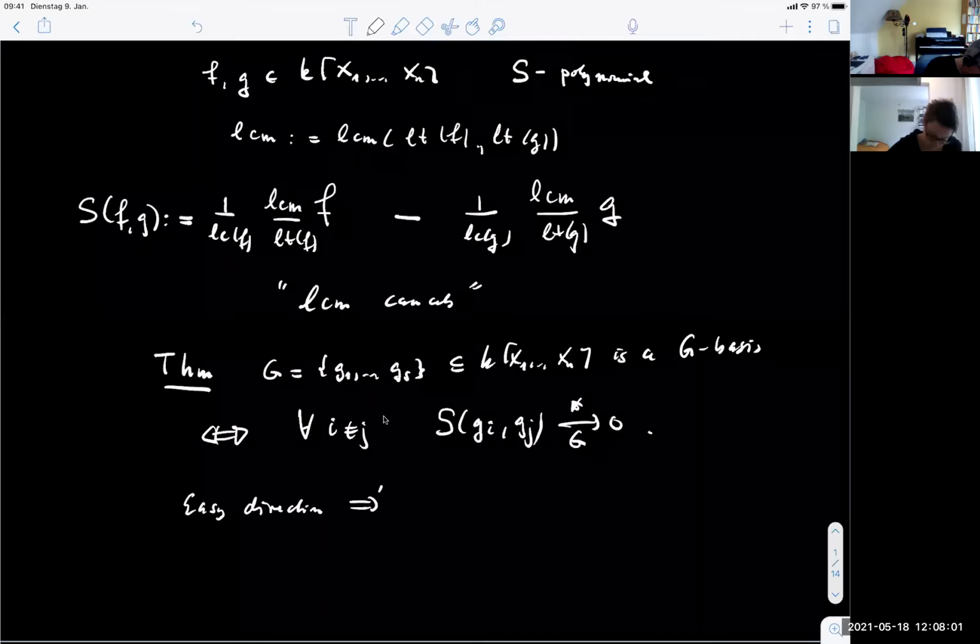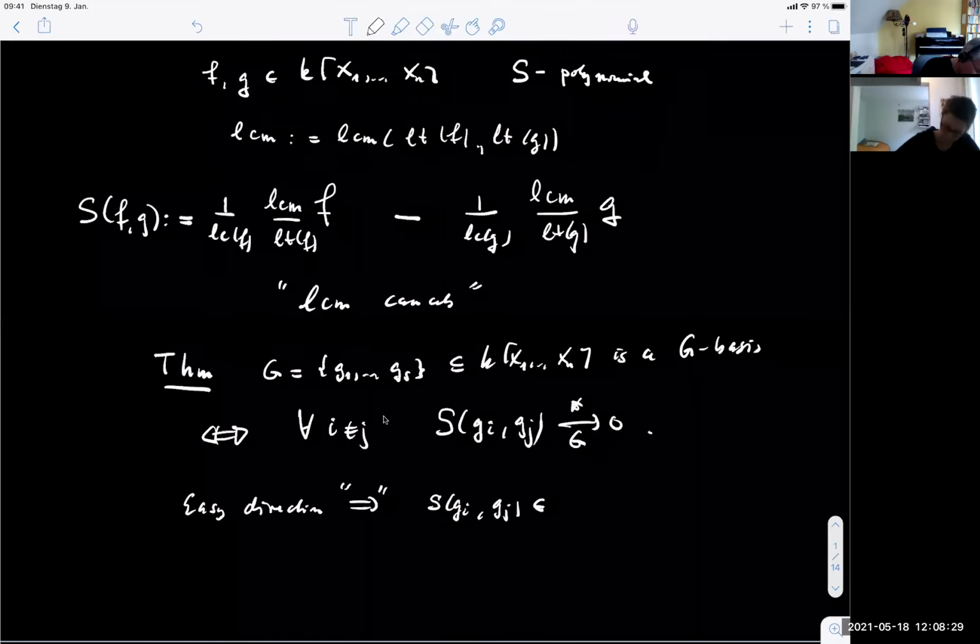Why is that direction true? The observation is that the S polynomial, of course, lies in the ideal generated by f and g, because it's a linear combination of f and g. So the S polynomial of Gi and Gj lies in the ideal generated by G.